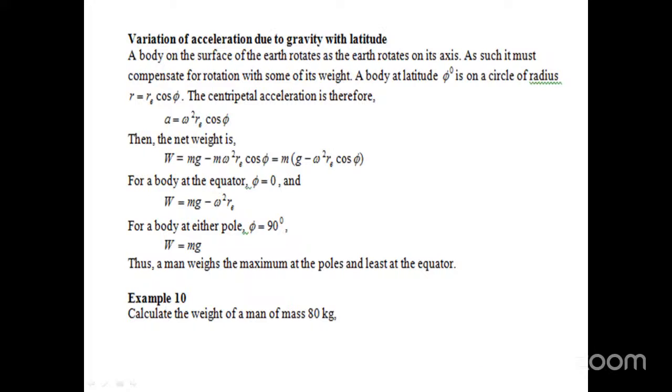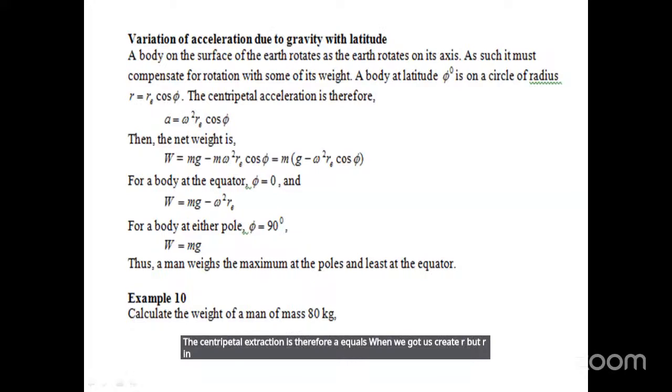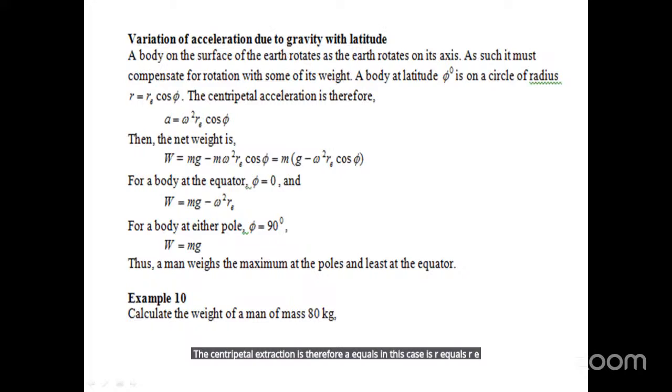The centripetal acceleration is therefore a equals omega squared r, but r in this case is R_E cos phi. Agreed? So if you are at the equator, what is phi? 0. It will just be omega squared R_E. If you are at the North Pole or the South Pole, phi will be 90 degrees. What is cos 90? 0.